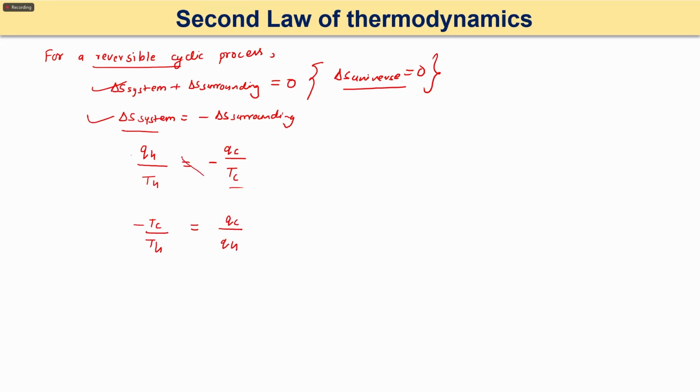So if we multiply this, it will become minus Tc by Th equal to Qc by Qh.